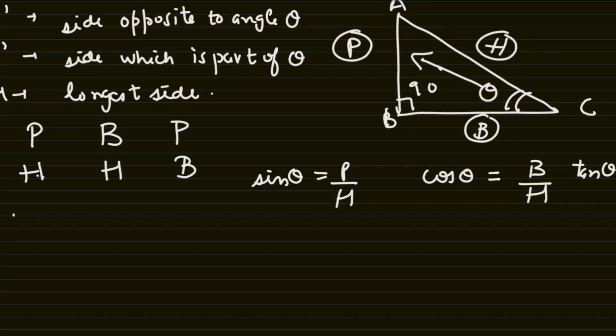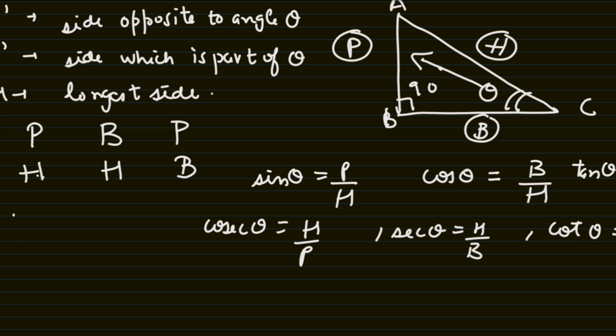So you can write cosecant theta as H upon P, secant theta as H upon B, and cot theta as B upon P.